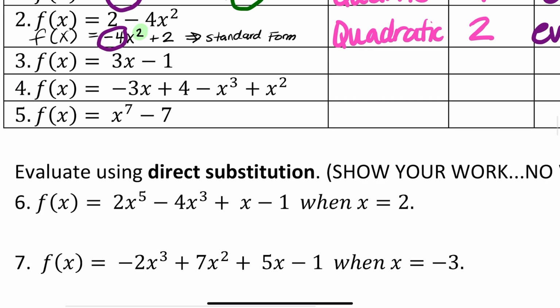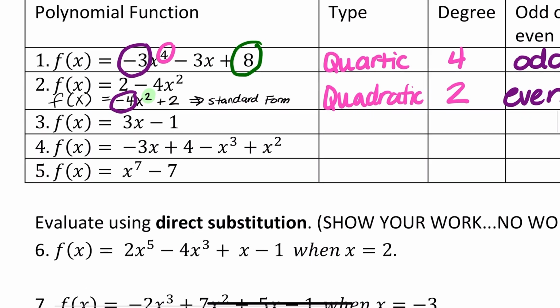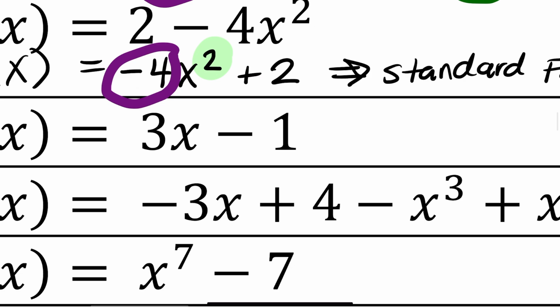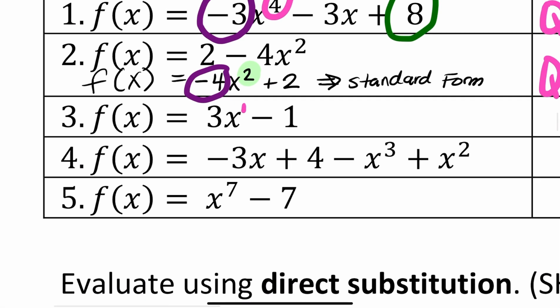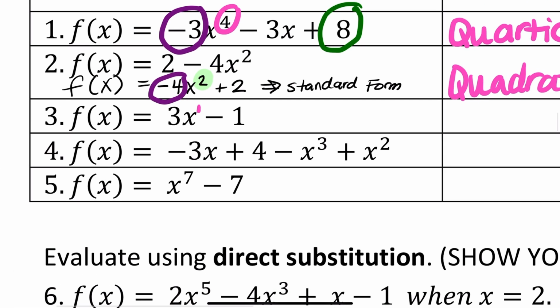Number 3, f of x is equal to 3x minus 1. This is already in standard form. The highest exponent in this problem is 1, so the degree is 1. I know you don't see the 1, but it does exist. It is right there on the x. So when a variable does not have a power, the power is 1. It is not 0, it is 1.